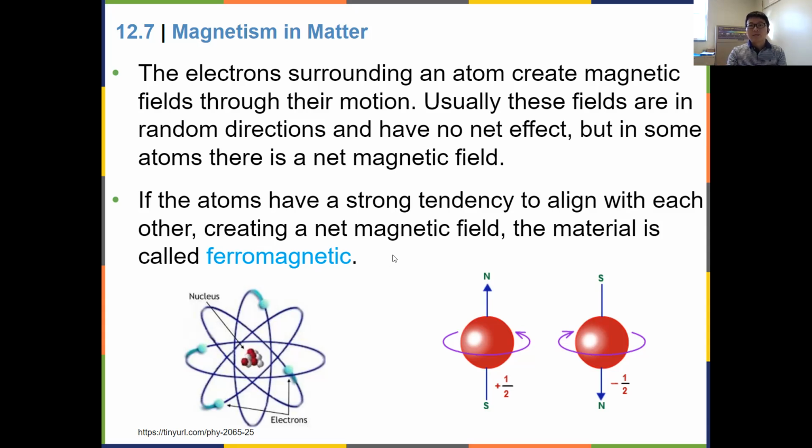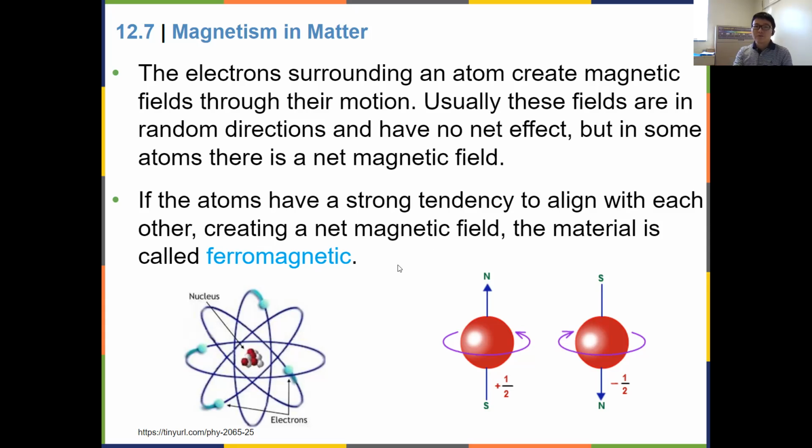Now, typically, electrons or atoms are in random orientations inside the material, so there's no net magnetic field. But some materials have the tendency of atoms aligning with each other, creating a net magnetic field. Those types of materials are called ferromagnetic.